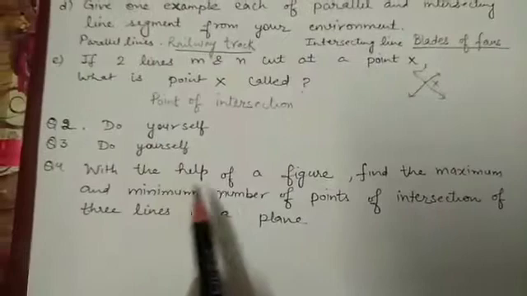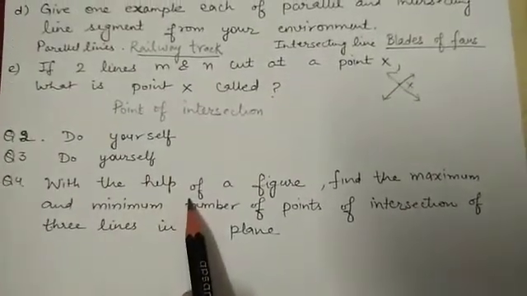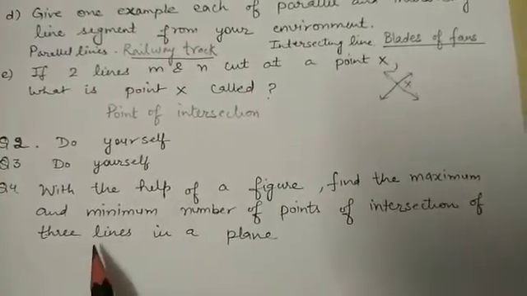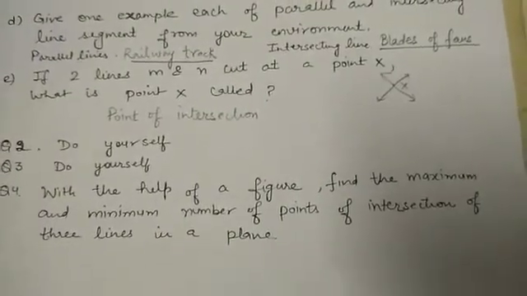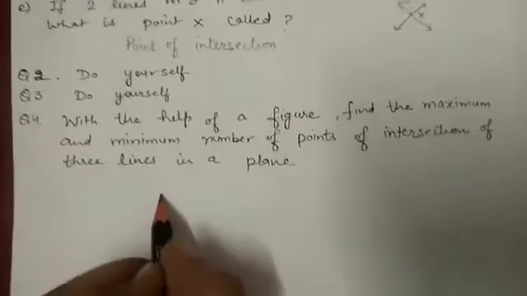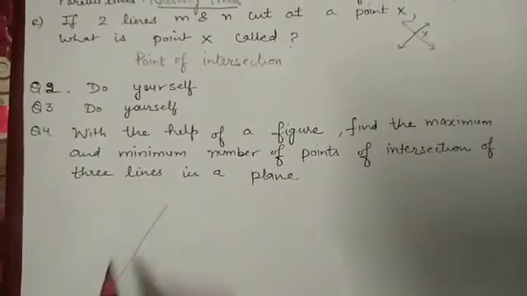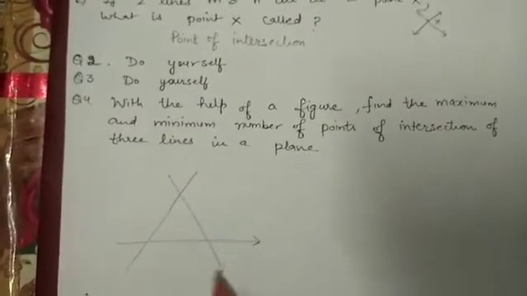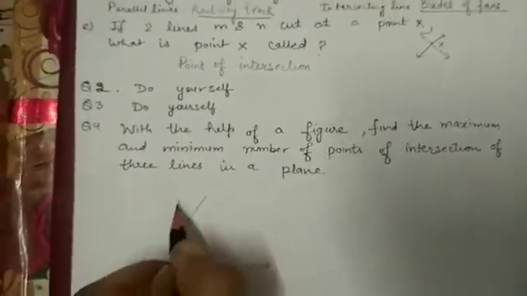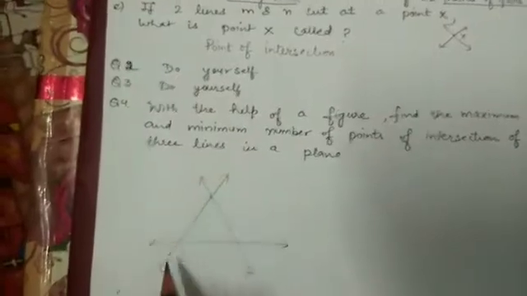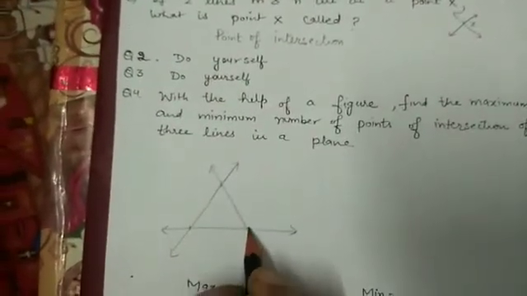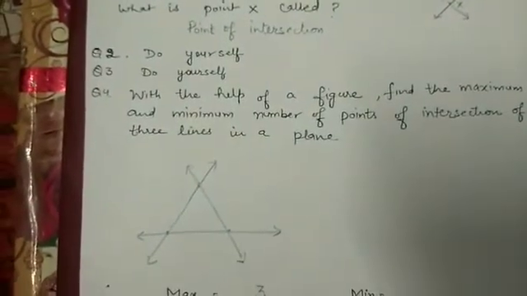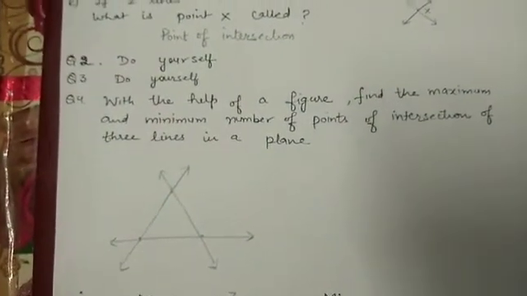With the help of a figure, find the maximum and minimum number of points of intersection of three lines in a plane. I have three lines, 1, 2 and 3. These are intersecting with each other at three different points, and this is the case of maximum number of intersections.